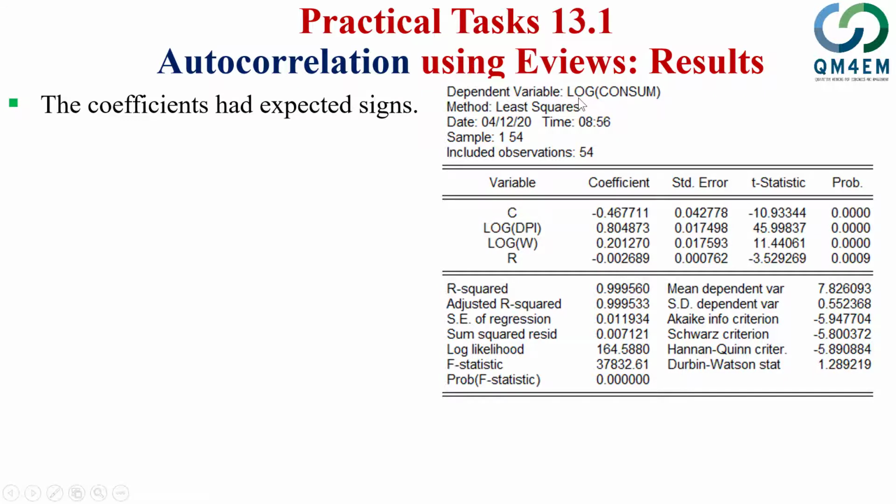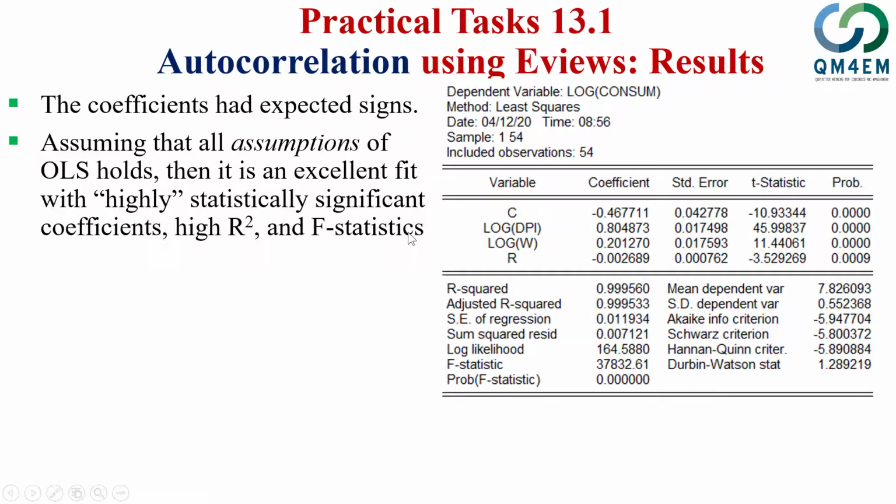Please pay attention to the interpretation in terms of specifically quantifying them. It's a double log model, so the coefficients having log values will be interpreted as a percentage change. So now, as far as the OLS method is concerned, if we assume that all the OLS assumptions are met, we can say that the model is an excellent fit, because we can see here that the R square value is really high, and you can also see that all the coefficients are statistically highly significant, with the F statistic also very highly significant.